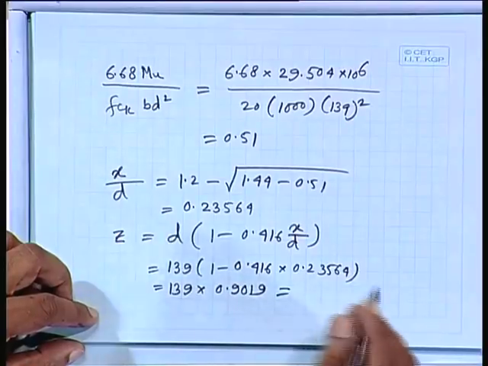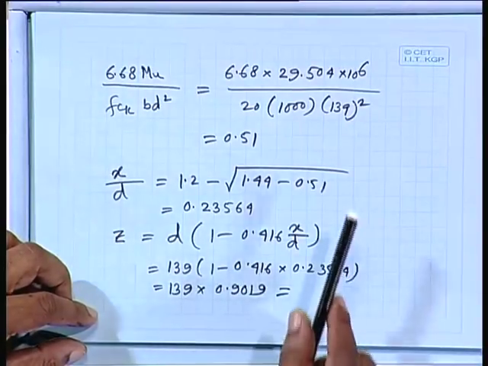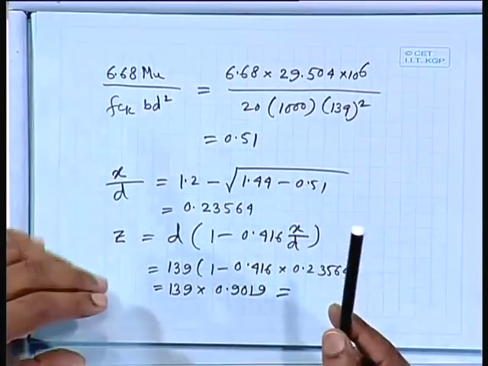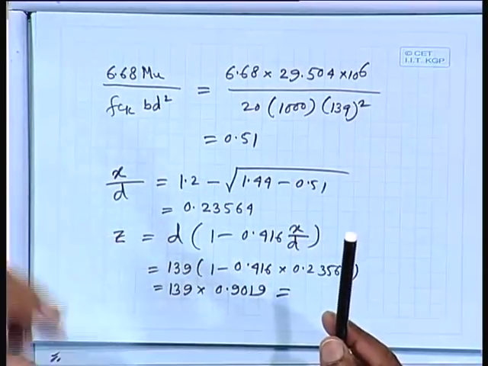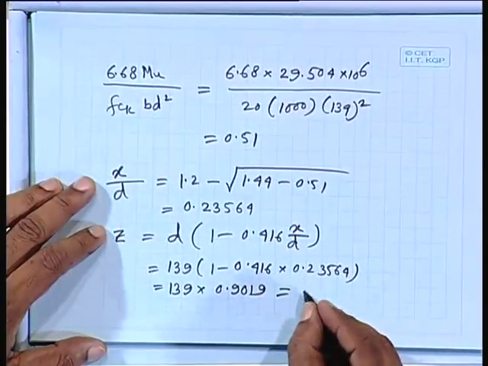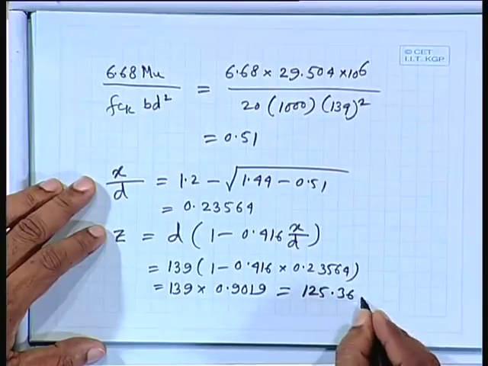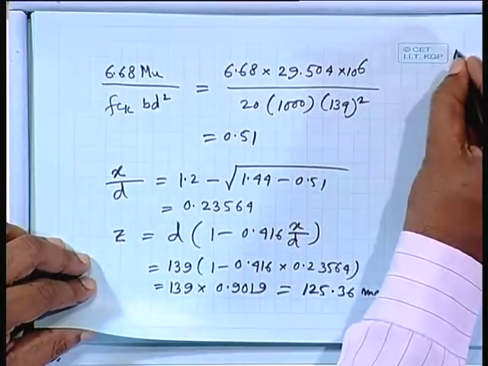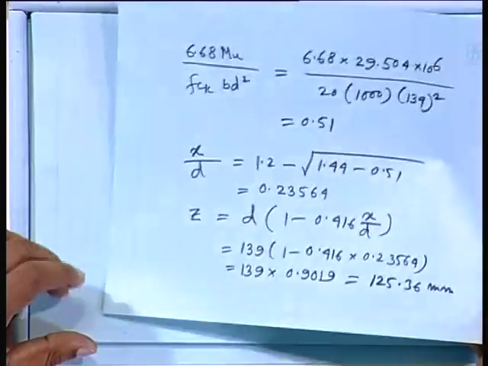That is the range, and that is why I have written it here; you should note it. When we do not want to calculate all those things and have no calculator, but would like to estimate at site itself, that way also we can find it. So it comes as 125.36 millimeter. So z we have got.